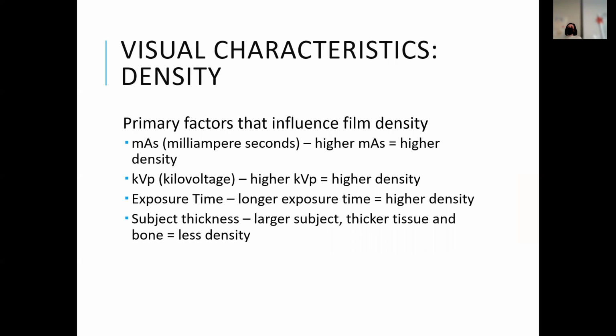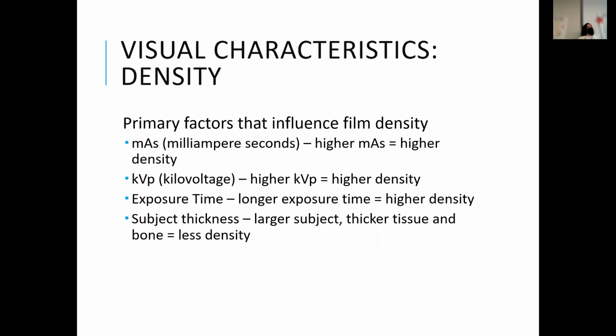So, visual characteristics of density. The primary factors that influence film density are your MA and your KVP, so the power of the X-ray photon. MA, the milliamperage per second: higher MA, turn up the power, you're going to have more density, a darker film.